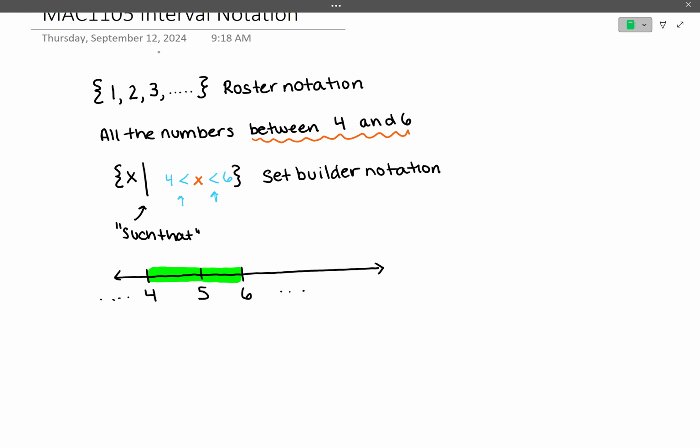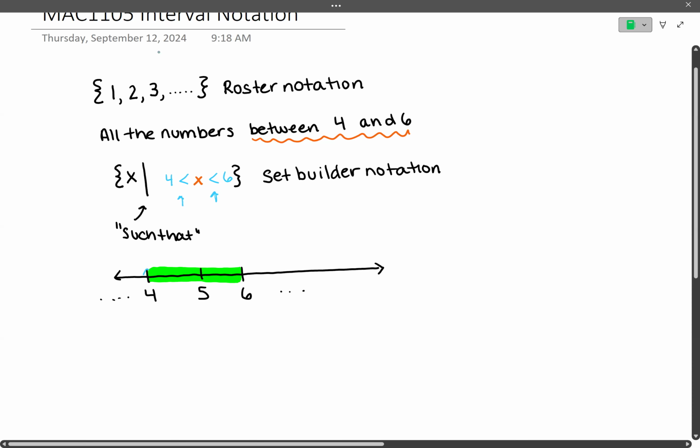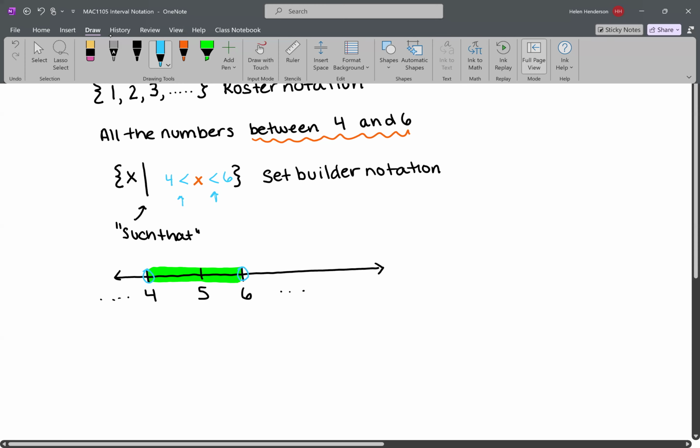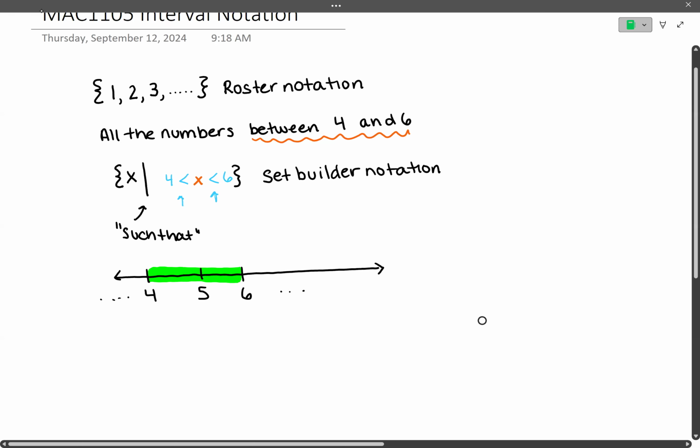So on my number line, I have to account for that by using either open circles, or I can use parentheses, and that's what I'm going to use here. So let me erase my circles, and I'm going to use parentheses.